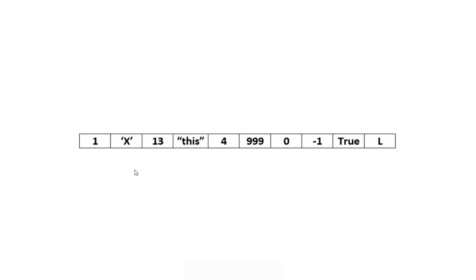But the problem that we're going to see with arrays or with lists is that whenever I'm inserting something or removing something, there's going to be more processing than I need. What do I mean by that? If we take as an example the letter Y, and I want to insert the letter Y in here between number 1 and the character of X in this position.